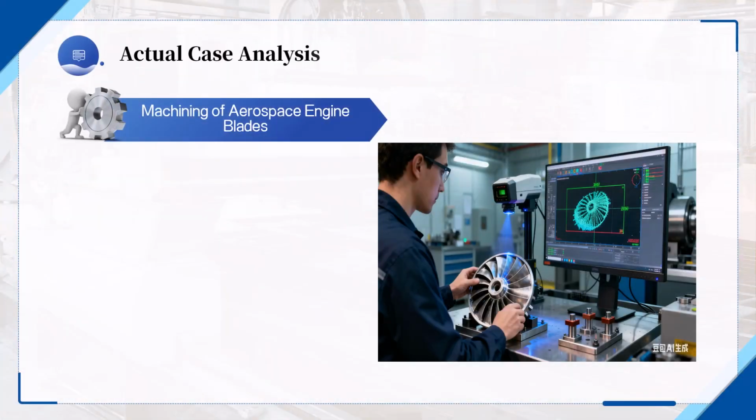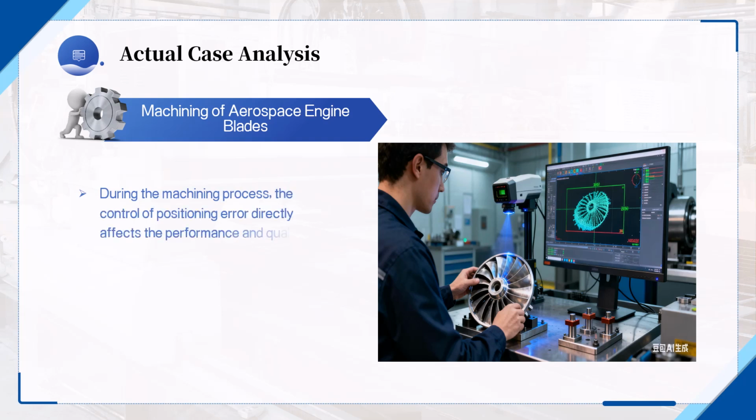Taking the machining of aerospace engine blades as an example, the blades have complex shapes and extremely high precision requirements. During the machining process, the control of positioning error directly affects the performance and the quality of the blades.